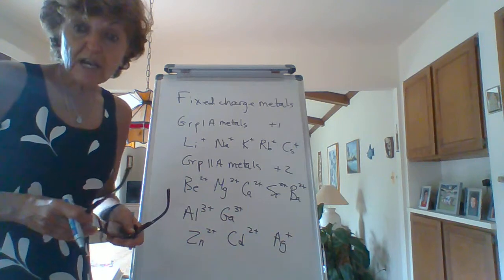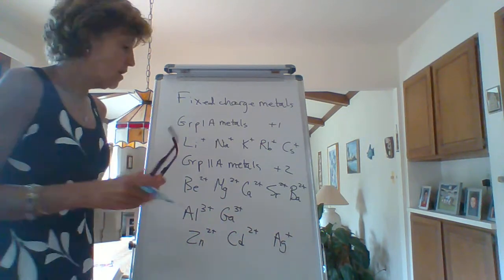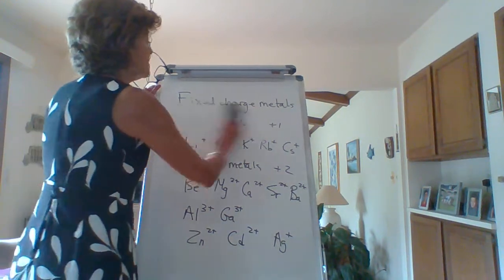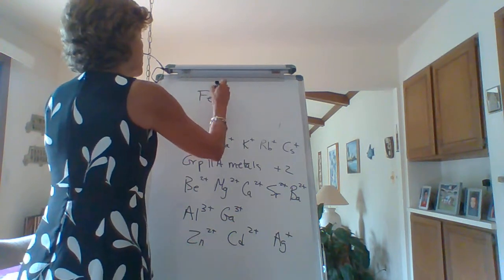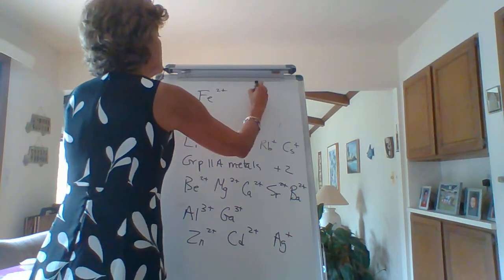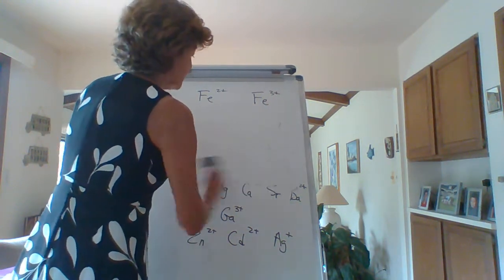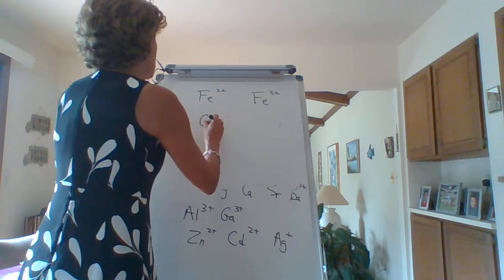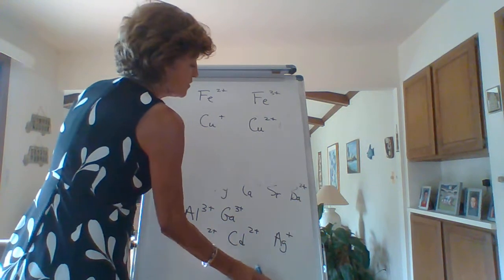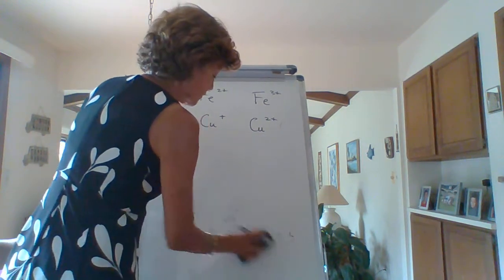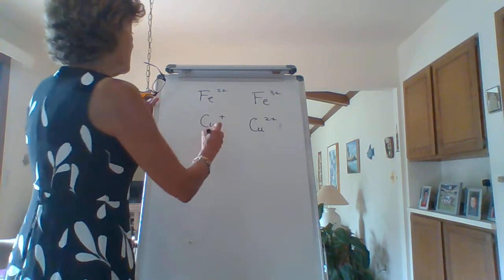The ones that will change are a whole bunch of ones in the transition and heavy metals. So the ones that I'll give you some examples for. Iron could either be +2 or +3. Okay? Copper could either be +1 or +2. So just have these in your notes so that when we start creating ionic compounds, you'll know this stuff already.